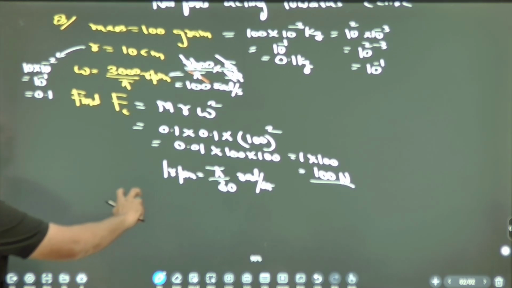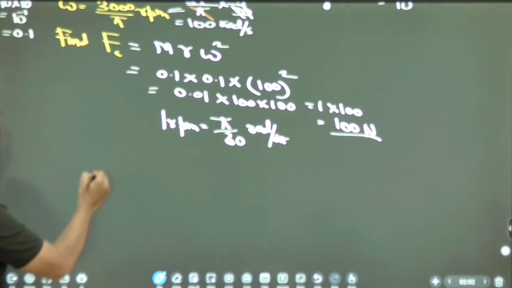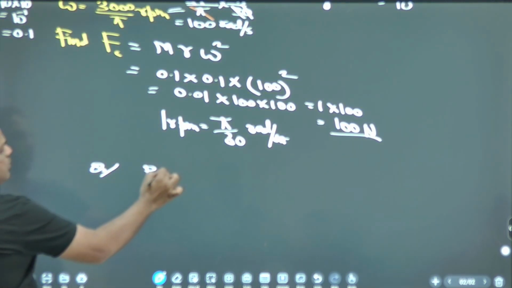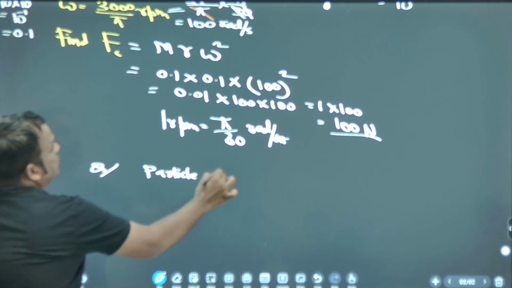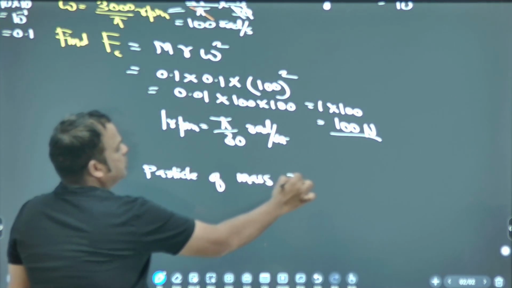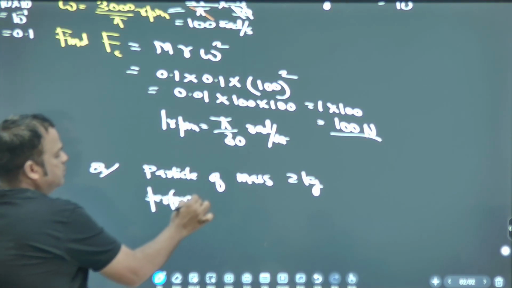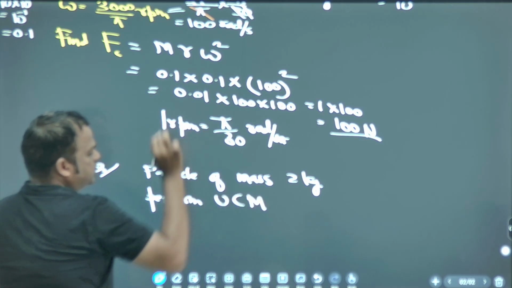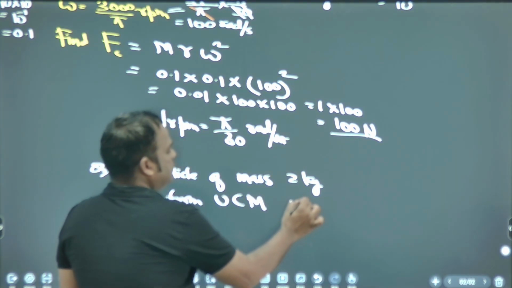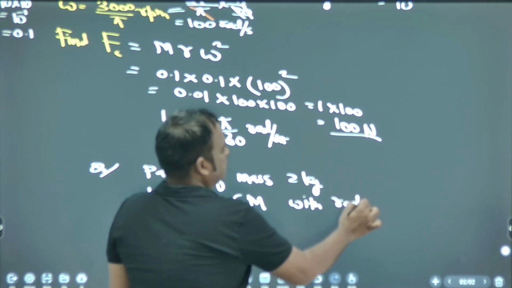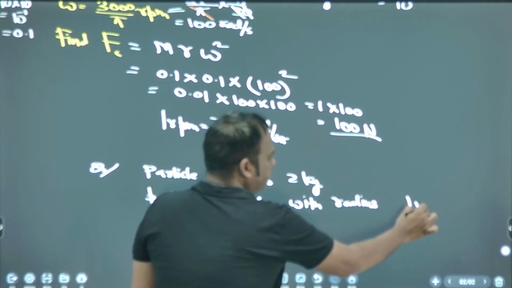Time period I am giving. So, note down. A particle of mass 2 kg performs uniform circular motion with radius 1 meter.